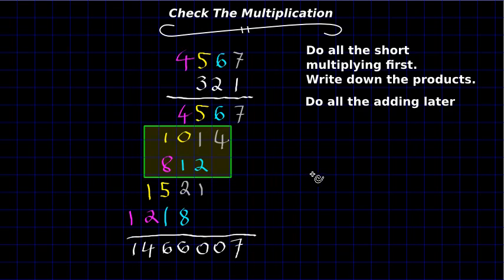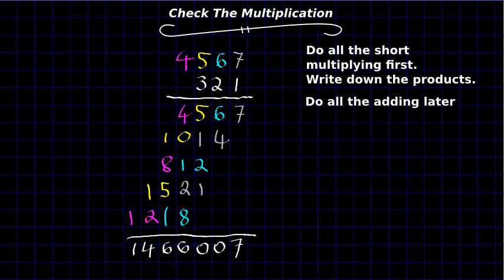Once again, this allows you to check more efficiently because you can check a subset of the work without having to check everything, and most importantly, you can check stuff without introducing new errors. There are other methods that involve doing the adding as you go along, writing down the carries, crossing out the carries, blah, blah, blah, and that muddies the water, that the short multiplication products aren't sitting there in any natural way.